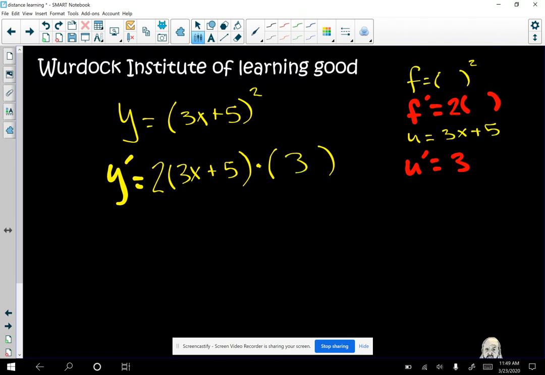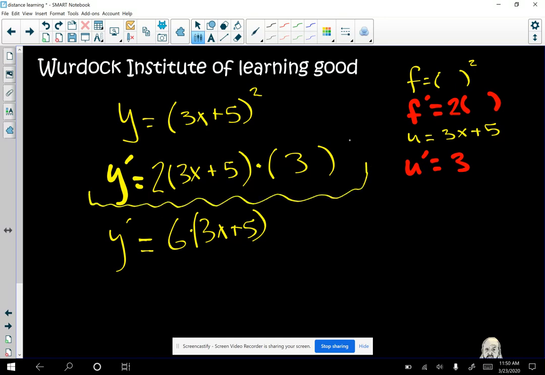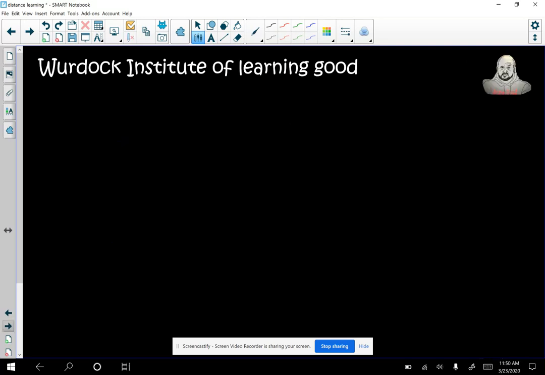You could certainly expand this if you'd like. This 2 and that 3 makes 6, times the quantity 3x plus 5. But for today's purposes, that'll be sufficient. I'm going to make up another one off to the side.